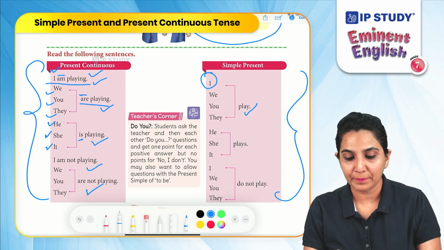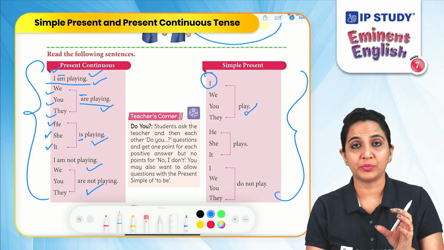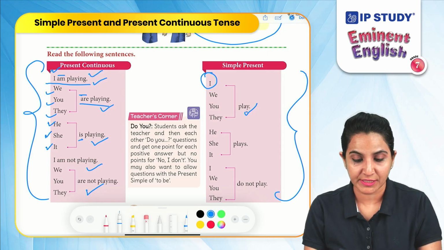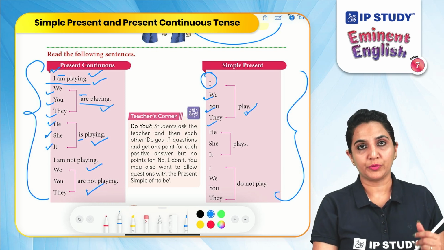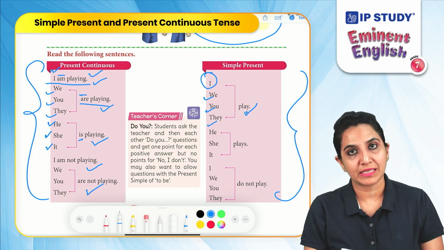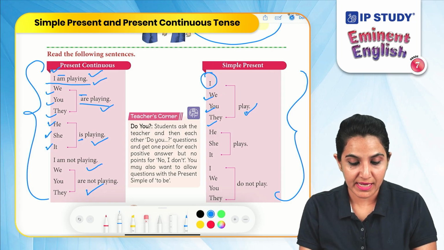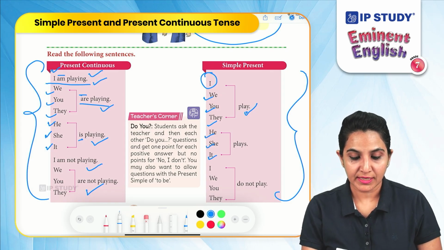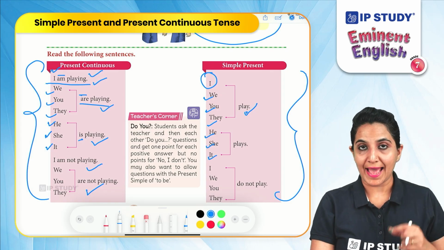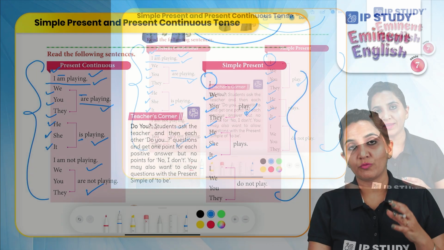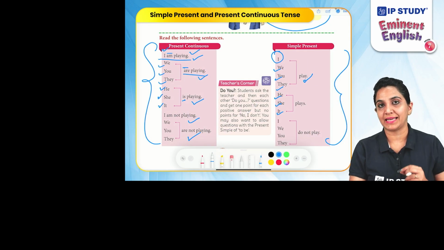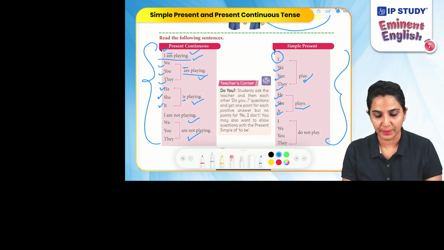So, I play. The verb remains the same with we, you, or they, whether plural. The verb remains play. With he, she, it, this is a singular noun and a singular subject. We only add s at the end of the verb, which is plays.